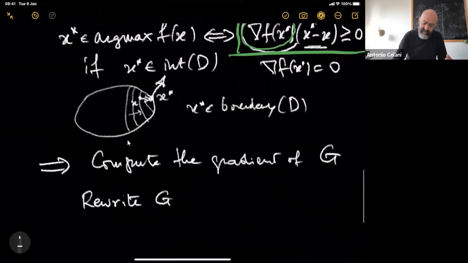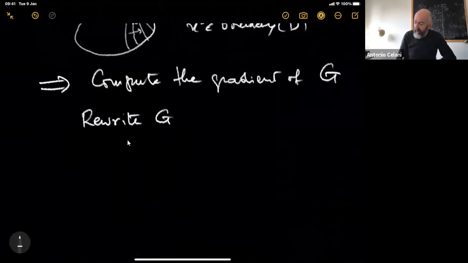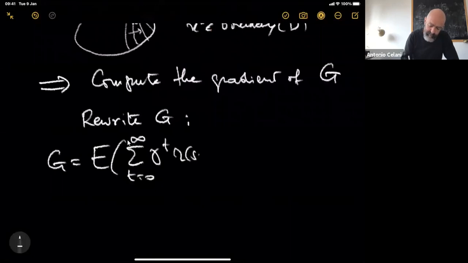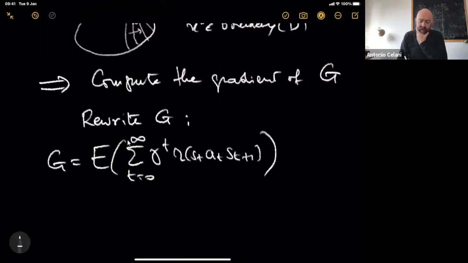G is, once again, this object here. Then, of course, this expectation value, we have to make it explicit in terms of probabilities in order to make any analytical operation on it, any derivation. So what is it?